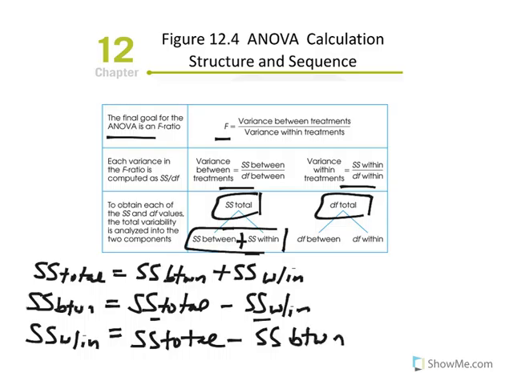So this is very important to have in your notes to save you that time, because again, the calculation for SS between is more complex and very time consuming. So we can save ourselves a lot of time simply by using this process, again, relying on how these are logically related to one another.